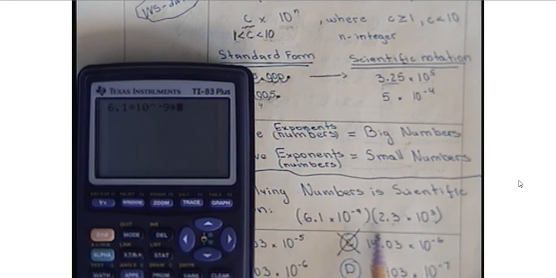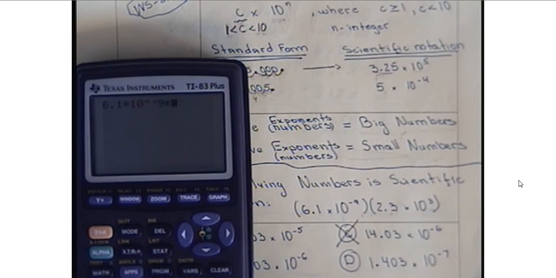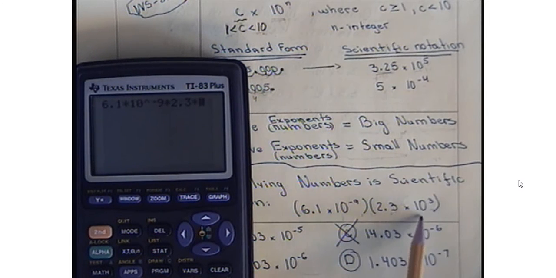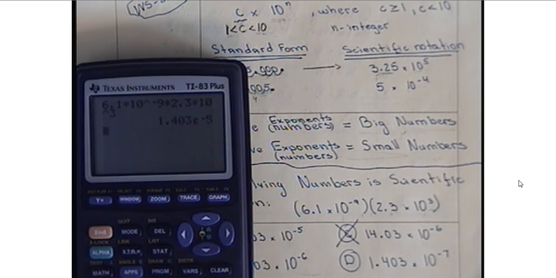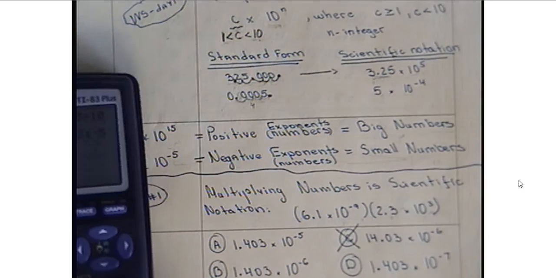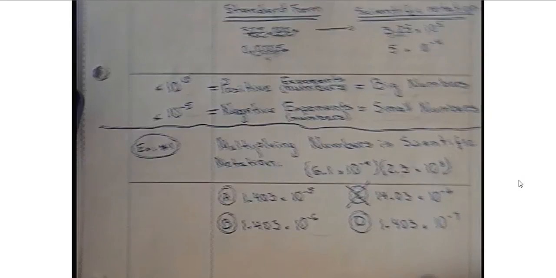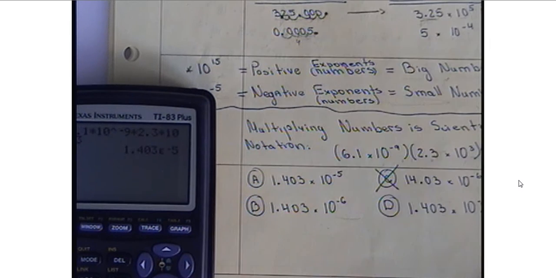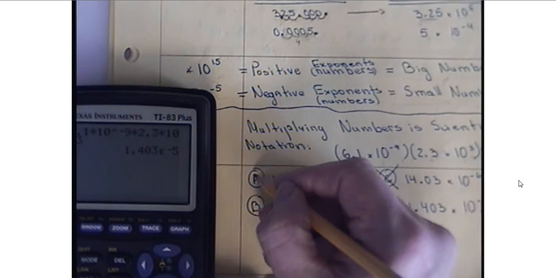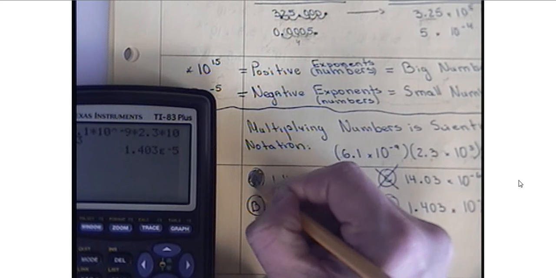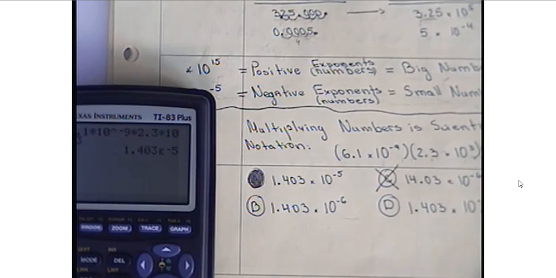Times 2.3 times 10 to the power of positive 3. This whole thing is giving me 1.403 E, meaning exponent, 10 to the negative 5th. So let's take a look at the answers. Which one of those 4 has 1.403 times 10 to the negative 5th? Everybody will agree that this is choice A, and that will be our answer here.